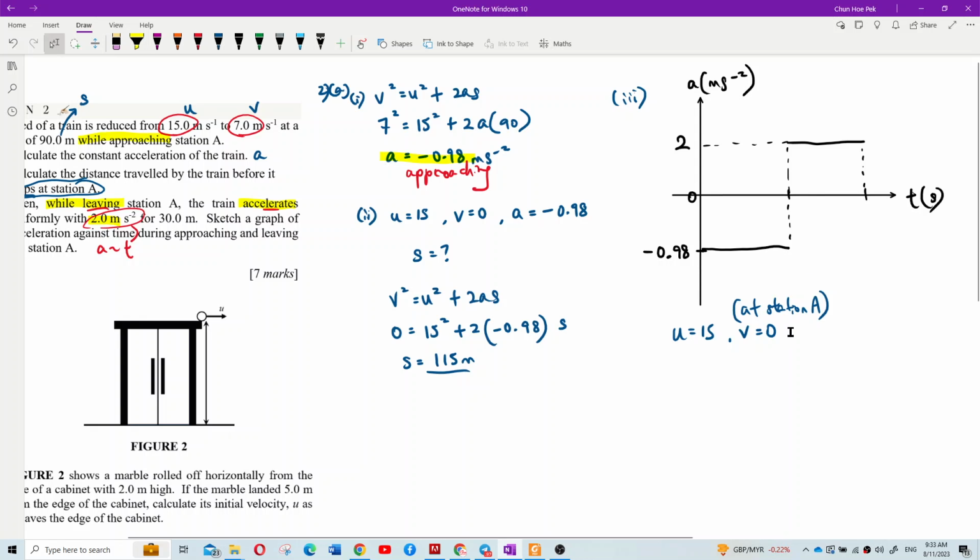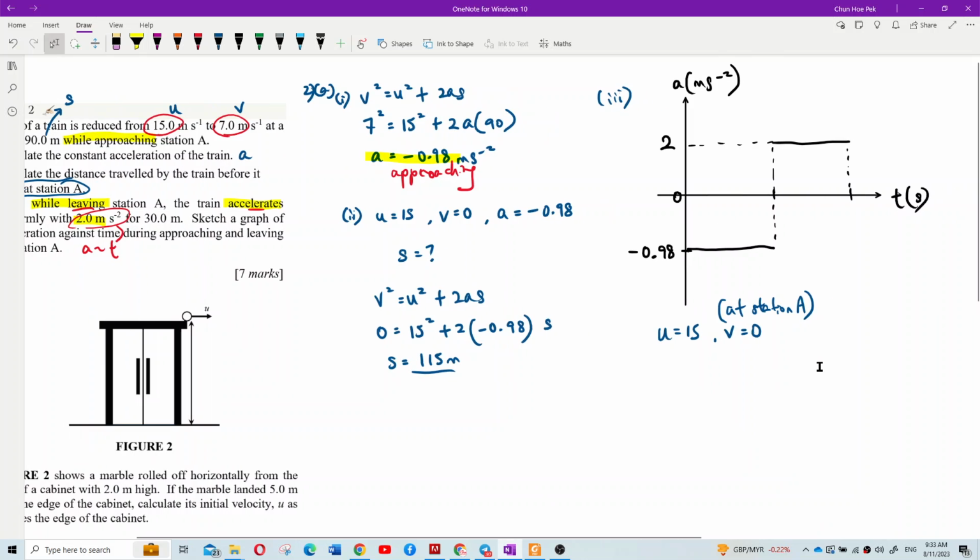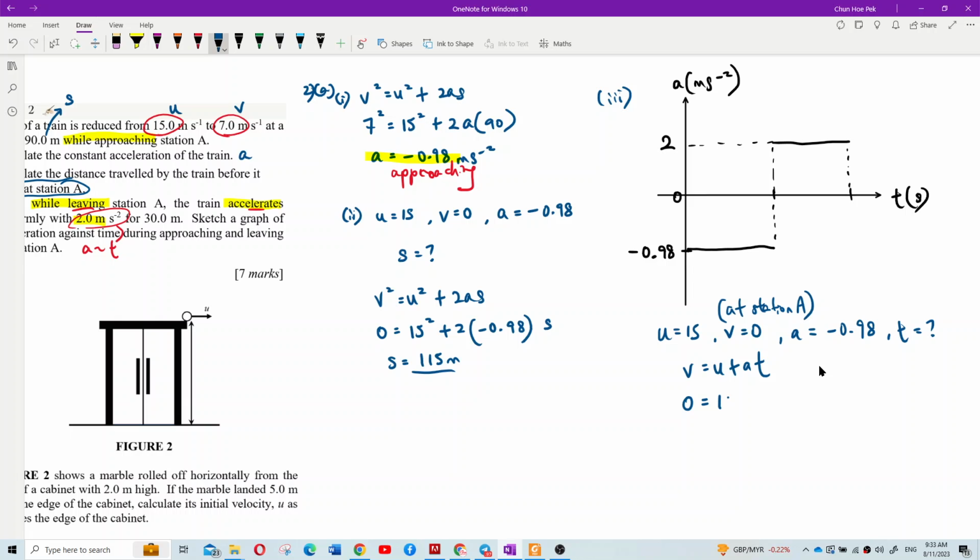So I got a equal to negative 0.98. Find the time. Can you do it? Yes. v equal to u plus at. 0 equal to 15 plus negative 0.98 t. So t equal to what?